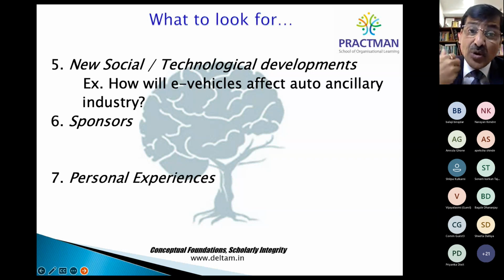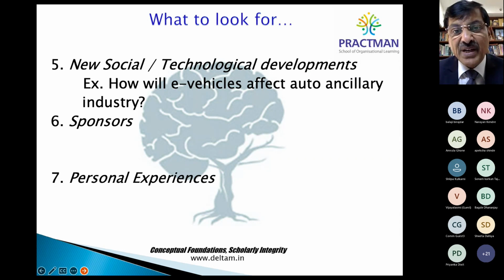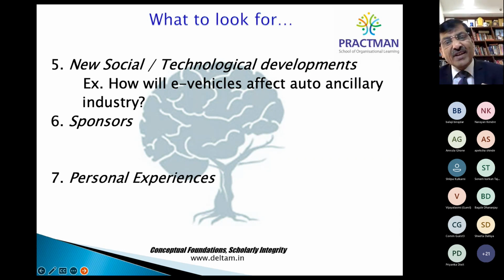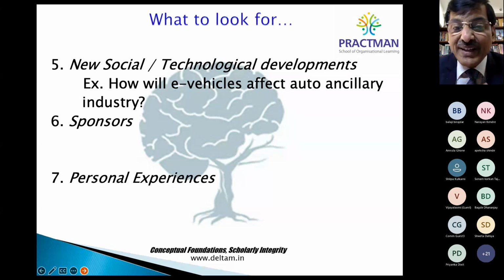Now, because of this new technological development, and once it is accepted by society, once the e-cars, e-buses or e-two-wheelers become popular, different kinds of social issues might also arise. And you might be interested in pursuing research in that area.